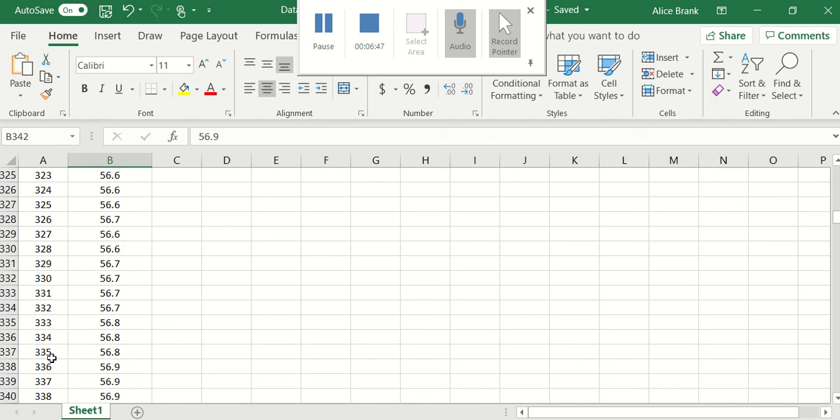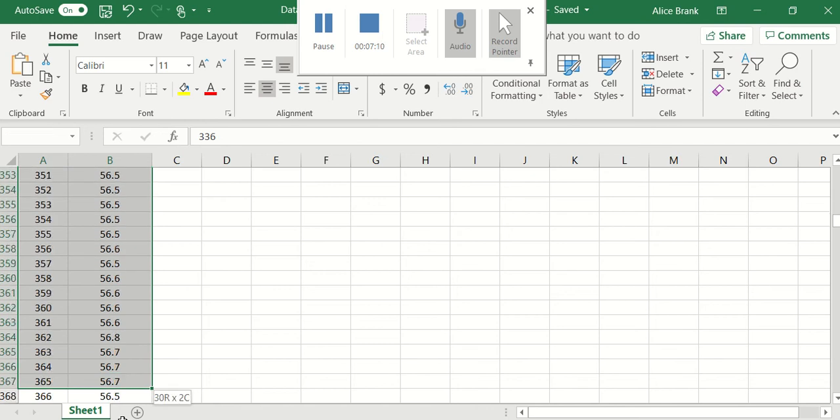It's fine. What I like to do, for me, I'm a visual person, so it helps me to change colors of the data. So I'm going to start selecting the data at the first place I think I see the 56.9, and I'm going to select everything past that.